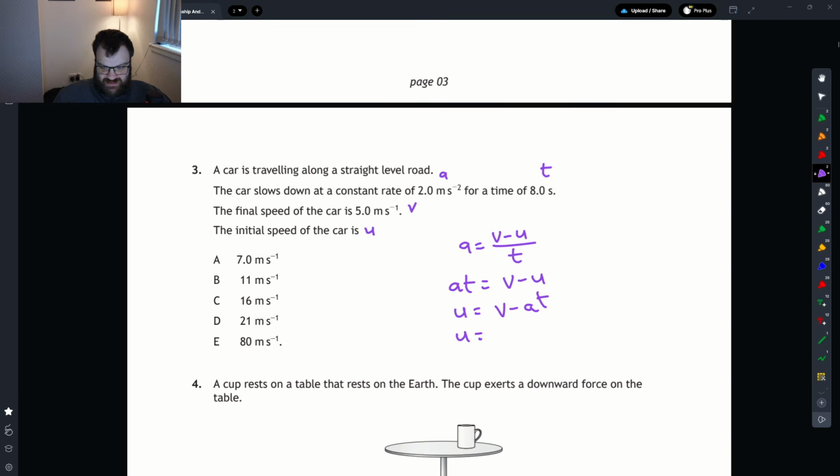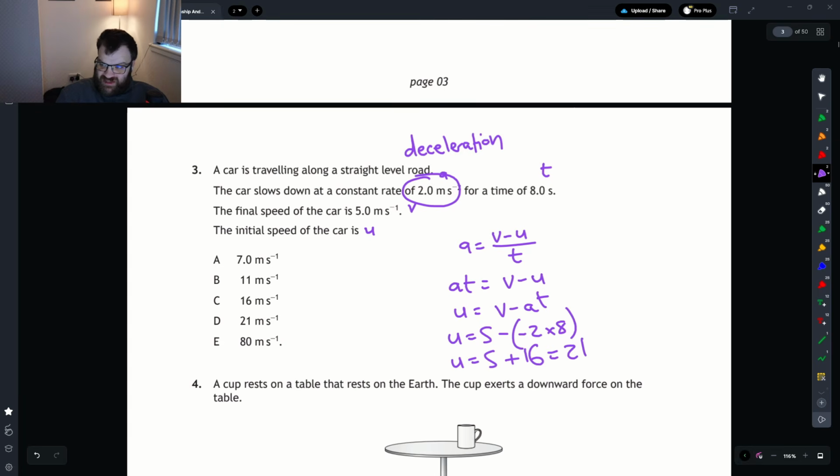Plug in your numbers, so 5 take away. I have to be careful here because we are slowing down. That means we're dealing with a deceleration. That means when I'm putting in my numbers, it's going to be 5 take away what will be -2 times 8, which is going to be 5 plus 16, which equals 21, which gives us the answer of D.